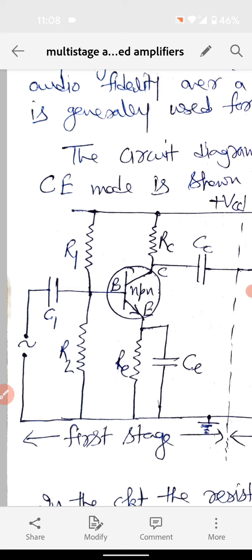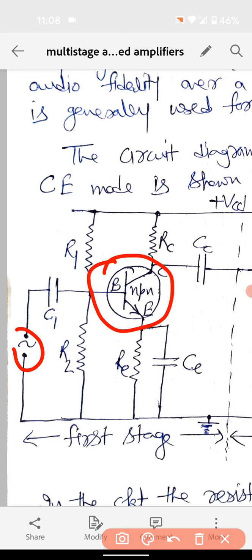From here we supply the input through this capacitance, and R1 and R2 are the voltage divider biasing resistors. Then this transistor is in common emitter mode, and through this we have the RE resistance, the bypass capacitor CE, and this RC, and this collector capacitance.